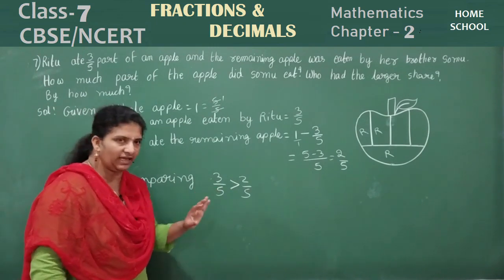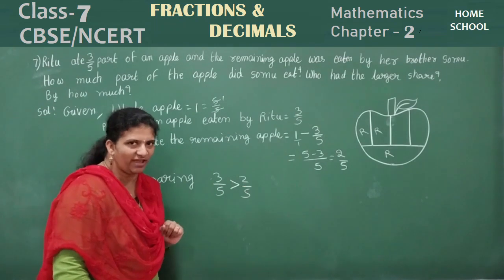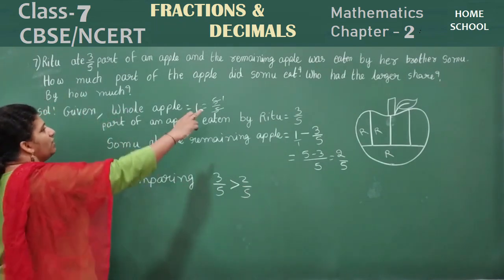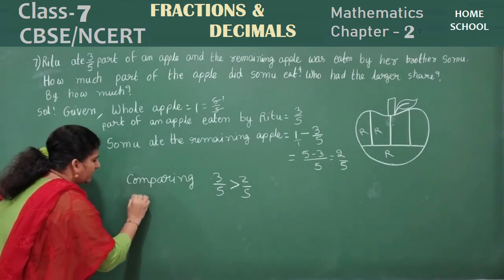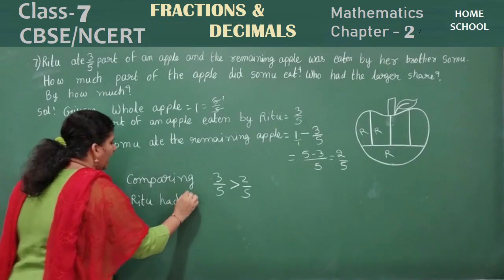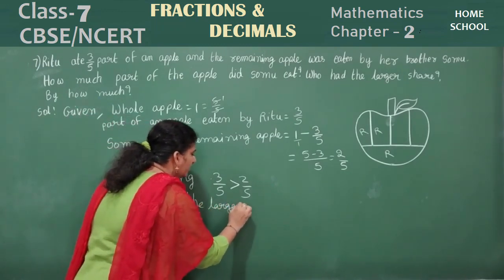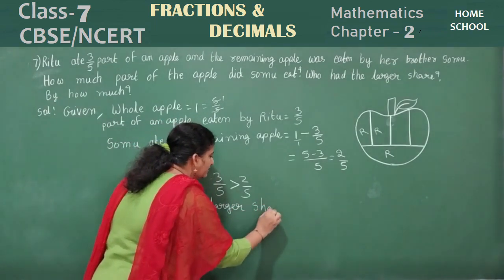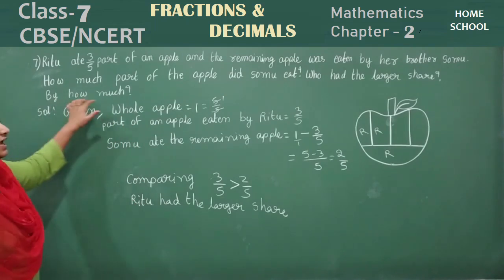You can directly compare. 3 by 5 is greater than 2 by 5. So, next step. Who had the larger share? Ritu. Ritu had the larger share. Okay. So now, by how much?